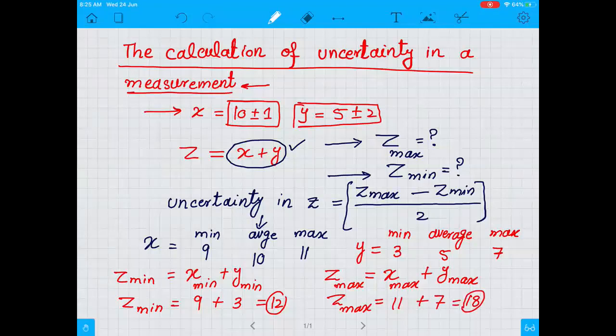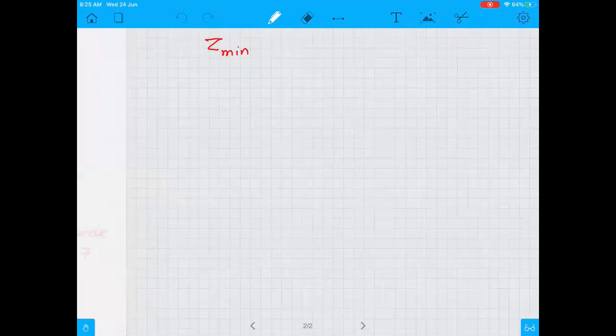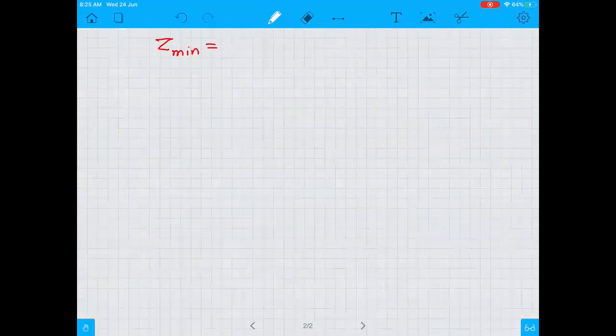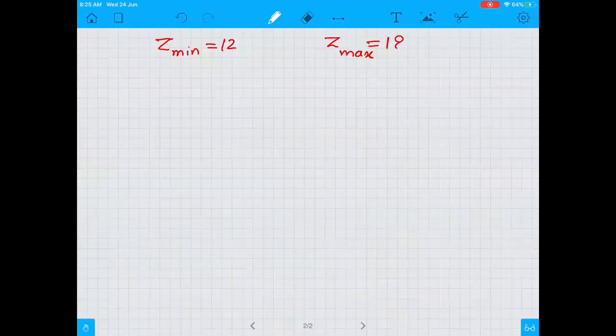Now we have the minimum value of z and the maximum value of z. The minimum value of z was 12. The maximum value of z was 18. So maximum z is 18, minimum z is 12. Now let's calculate uncertainty in z.